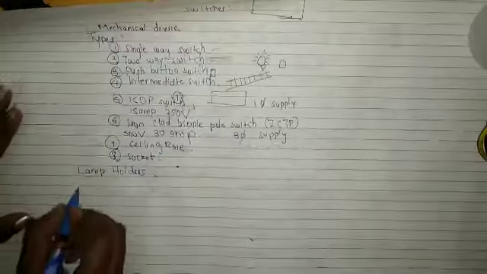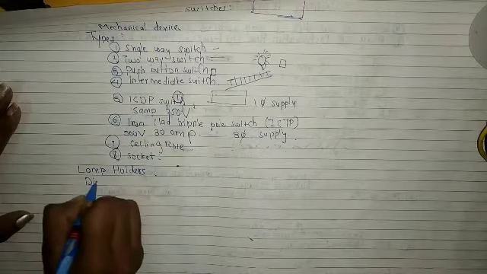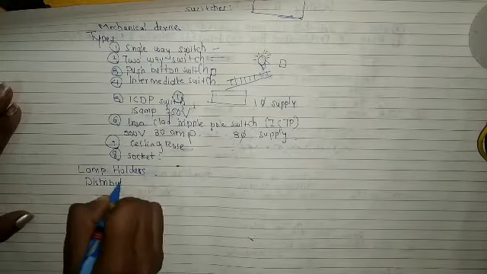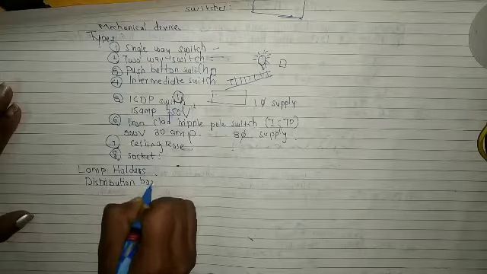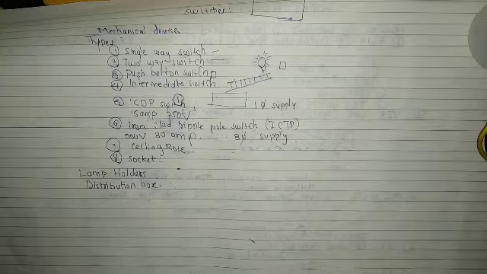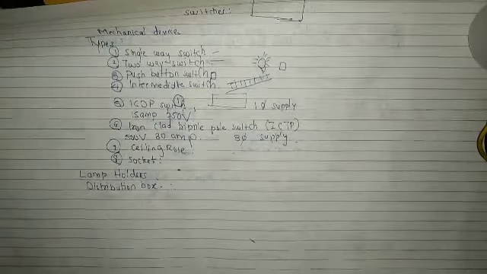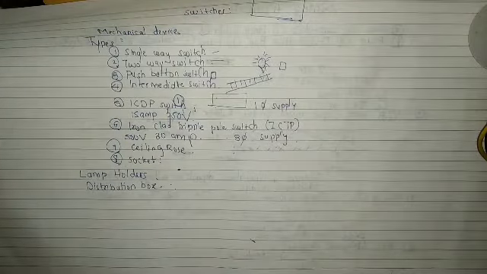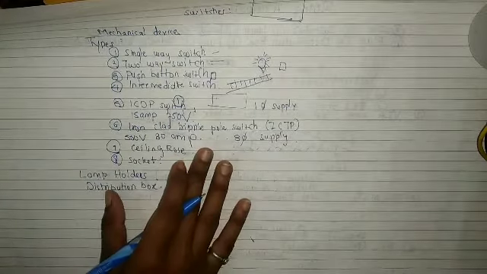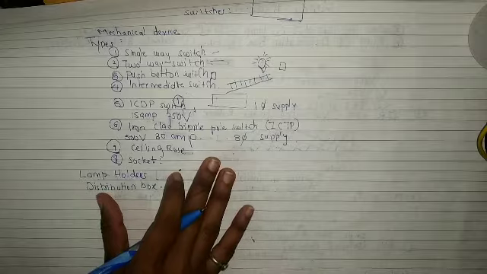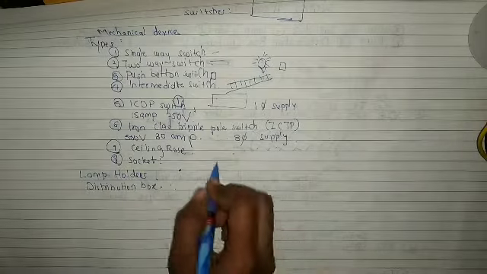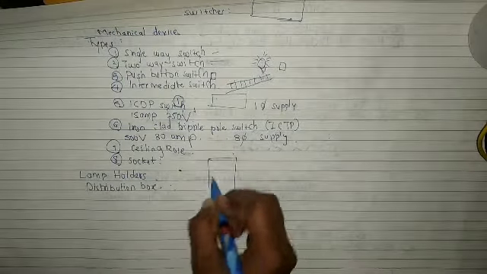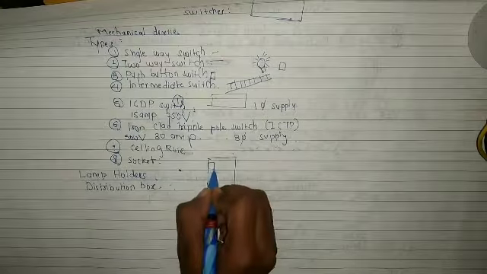Now moving to the distribution box. Where is a distribution box used? In industries or big buildings, a number of circuits are to be wired. Consider the example of an apartment.